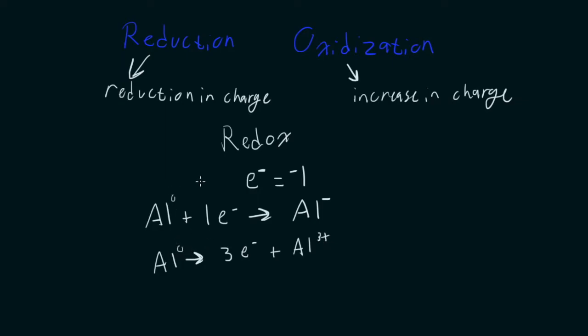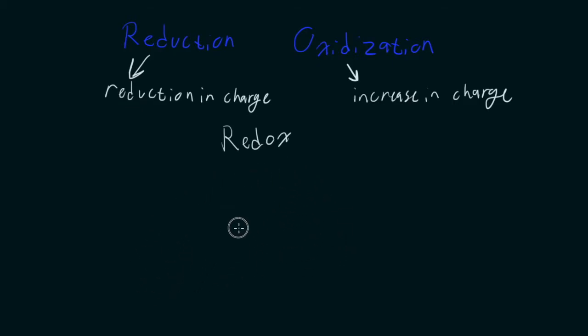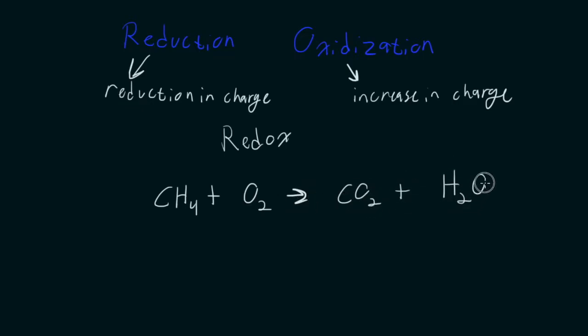Okay? So there are some rules that we're going to need to use when looking at redox reactions, because not all redox reactions are going to be as simple as aluminum turning into an ion. Sometimes we're going to have something like the combustion of methane.